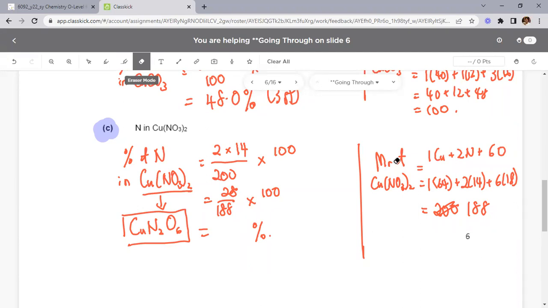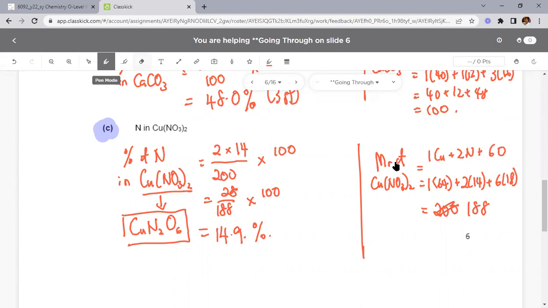So we're going to get, sorry, this will now be 14.9%. So 14.9%. Thanks for notifying on this.